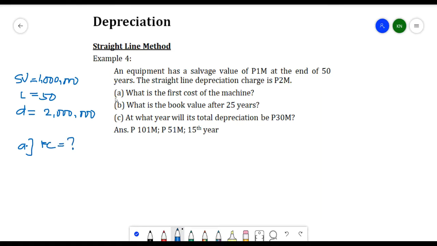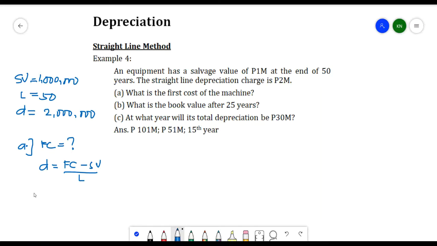So let's solve our A first. We already have the formula of our D, which is D is equivalent to FC minus SV all over L. We already have the value of our L, our SV, and our D. So from this, we can already solve for the value of FC.